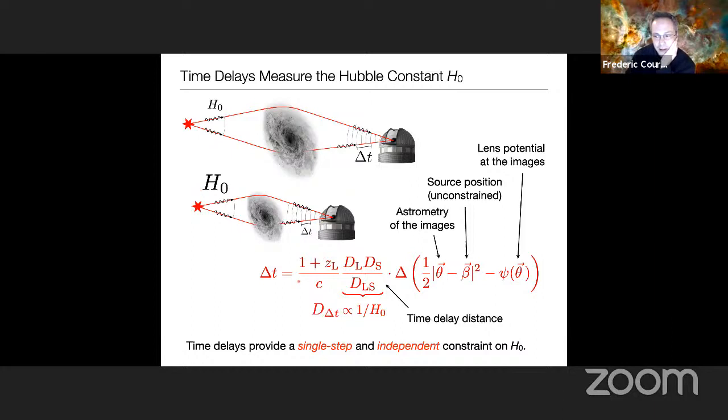Now, if you write this in equations, the time delay depends, of course, on the redshift of the lensing galaxy, which is here. Then a ratio of three distances, they're angular diameter distances. So it's a ratio of distances, so that contains 1 over H naught. And then delta, that's not the Laplacian, it's a difference. It just means delta as a difference of positions between the lensed images, relative to the source position.